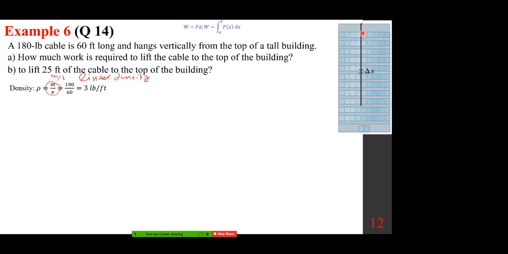But if it's, let's say, 10 feet down, this has to go up by 10 feet. This has to go up by 20 feet. The bottom of the cable has to go up by 60 feet, which means at any given time, a portion of the cable left has to be pulled up. So for the sake of argument, if 2 feet is gone, 58 is left. So you have the weight of 58 feet.